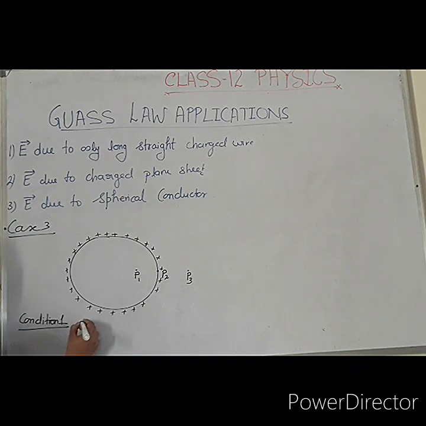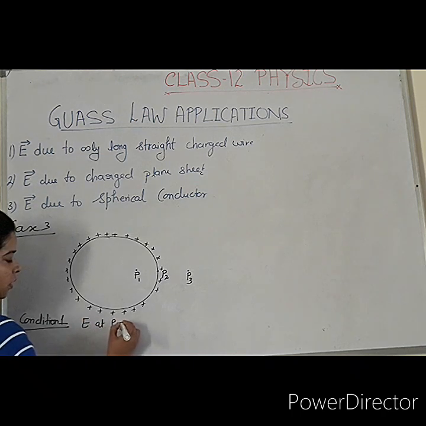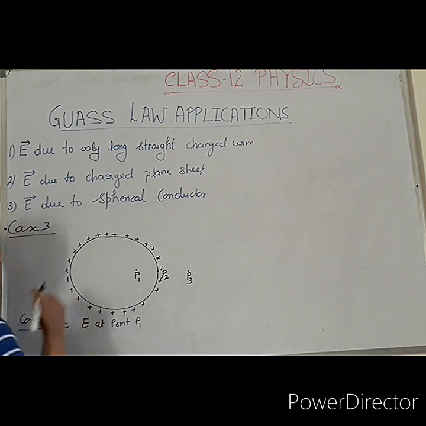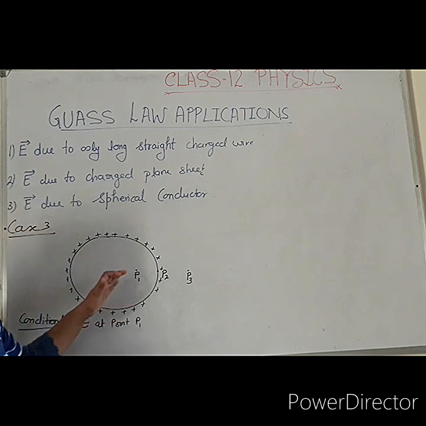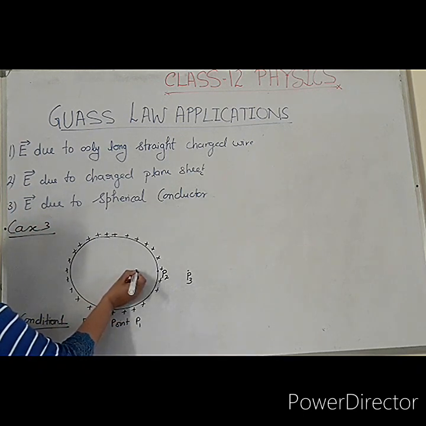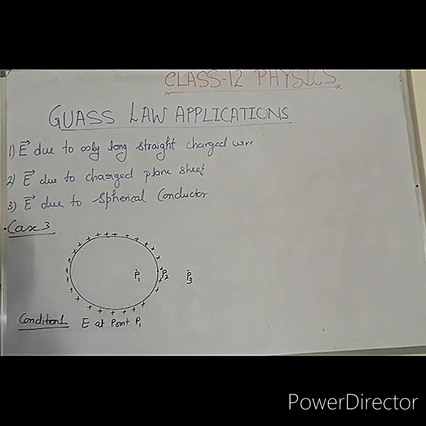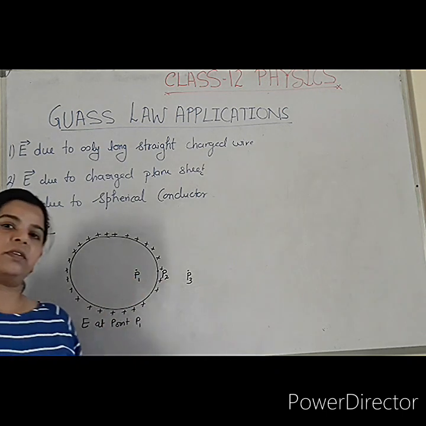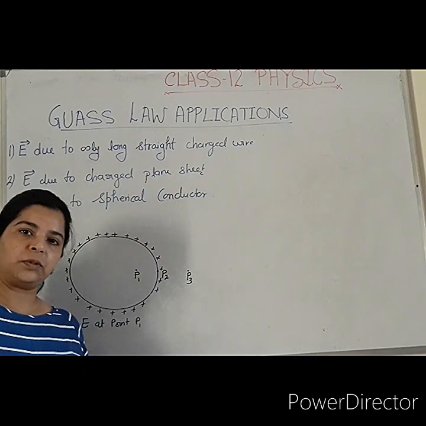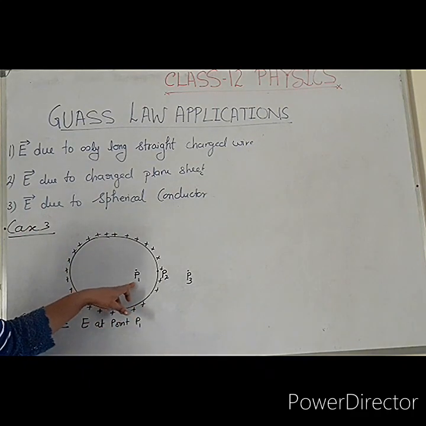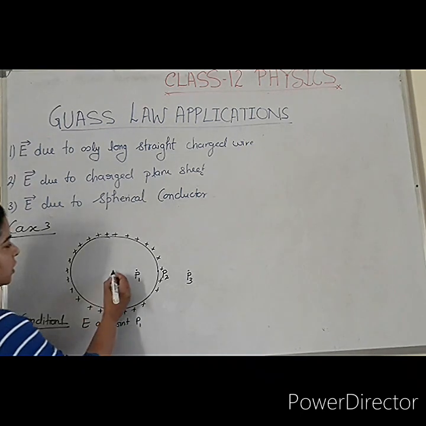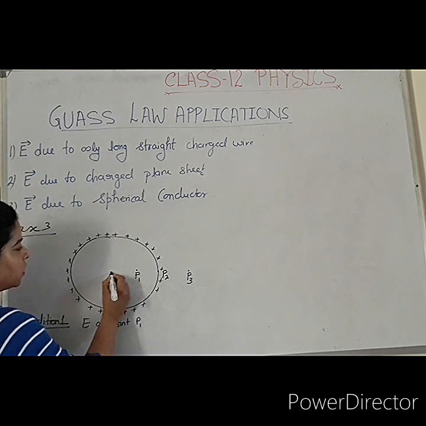That is, we need to calculate electric field at point P1, or it is also mentioned as electric field inside the spherical charged conductor. In accordance with the point, we can take a Gaussian surface. Whatever point is given, we need to choose that hypothetical surface in accordance with that point's position. So point P1 is given here. We can take the distance from the center of this spherical conductor.